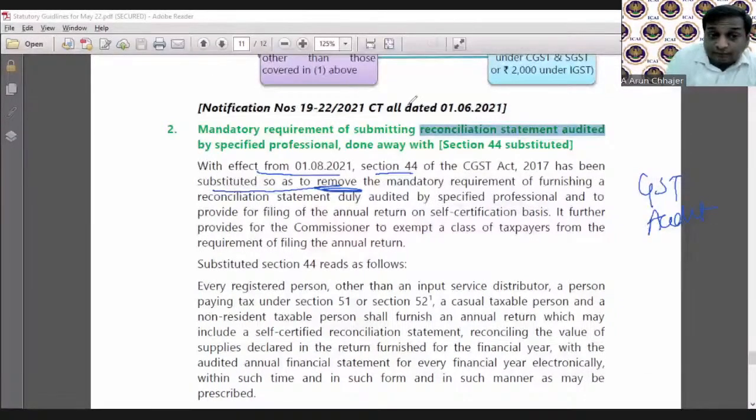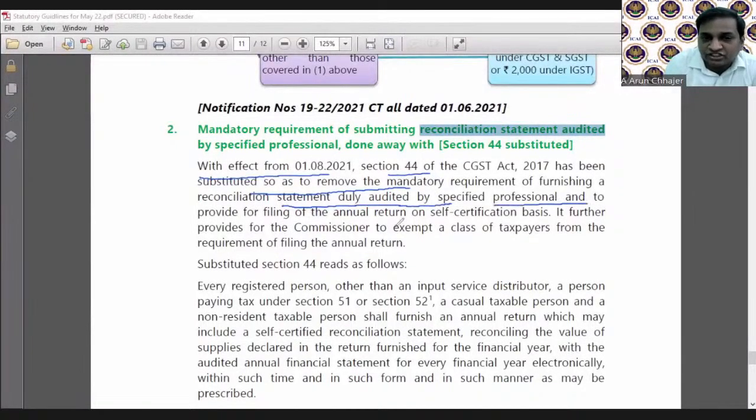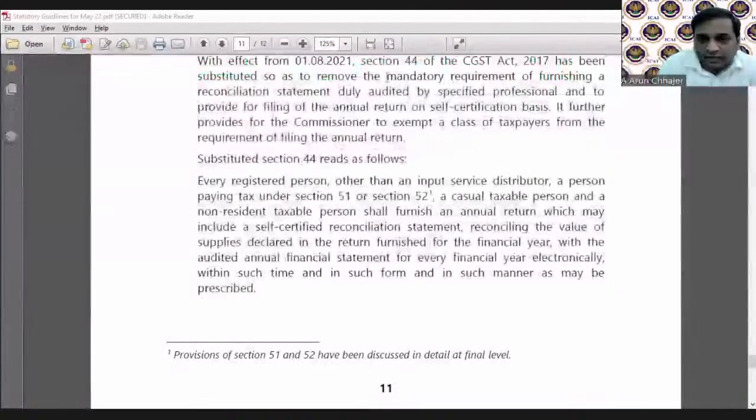Let me read the important one. With effect from this date, section 44 has been substituted so as to remove the mandatory requirement of furnishing the reconciliation statement duly audited by a specified professional and to provide for filing of annual return on self-certification basis. It provides for the commissioner to exempt a class of taxpayers from the requirement of filing the annual return.